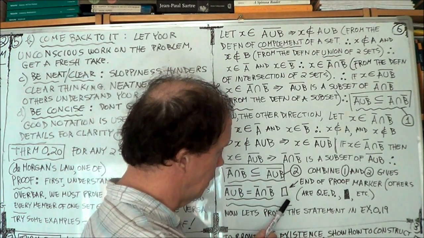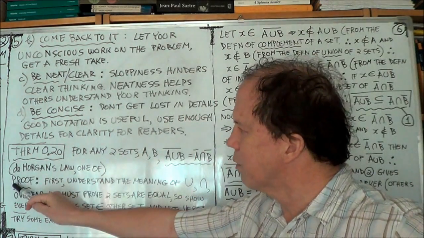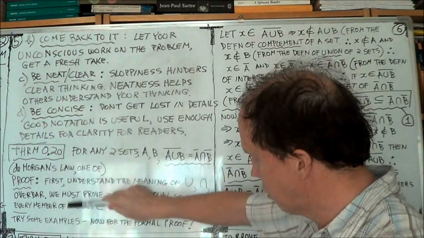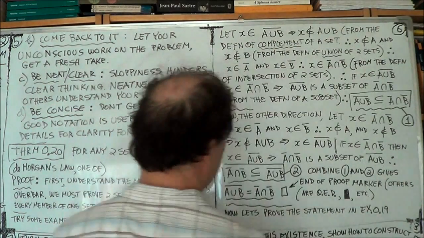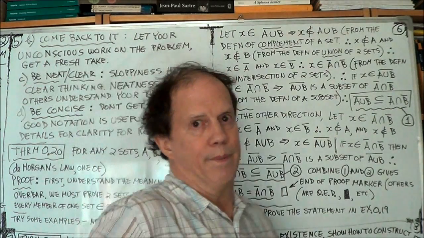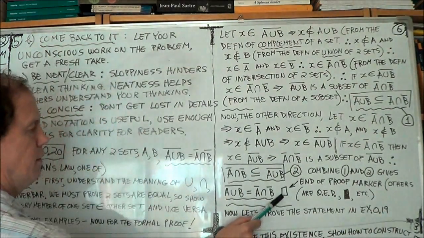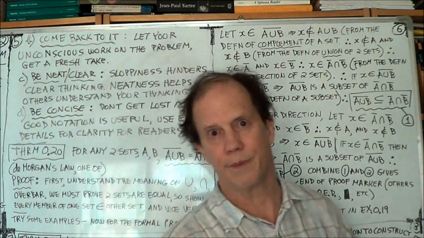Okay, so that's useful. So you start the proof with literally the word proof, and then all your proof, and you finish, and here's your end of proof marker. So start sign, end sign of your proof.